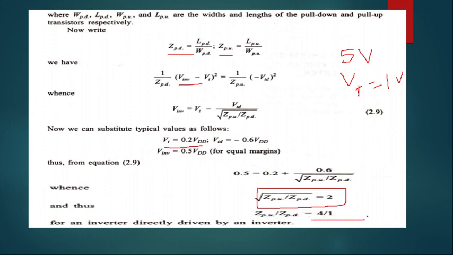So that means for an inverter directly driven by another inverter, the ZPU upon ZPD ratio is 4:1. It is one of the most important derivations in VLSI. It will also be used to calculate the inverter delays, because Z is the L upon W ratio, and L upon W means resistance.